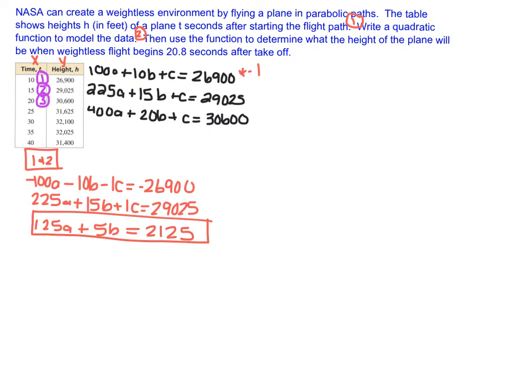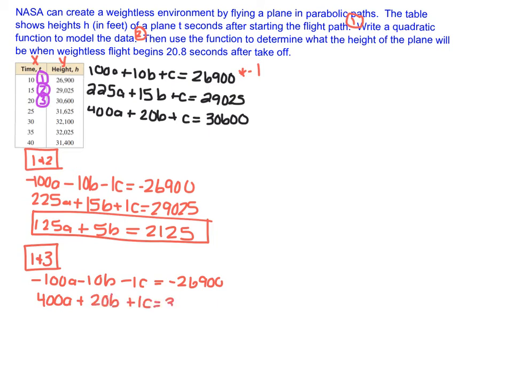And then I'm going to eliminate C again by combining equations 1 and 3. So again, I have the same -100A minus 10B minus 1C equals -26,900. But then I'm combining it with 400A plus 20B plus 1C equals 30,600.